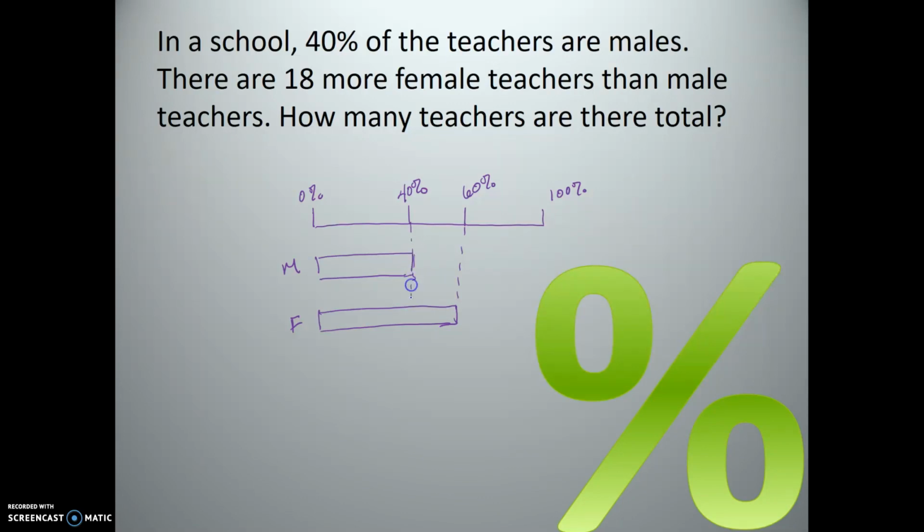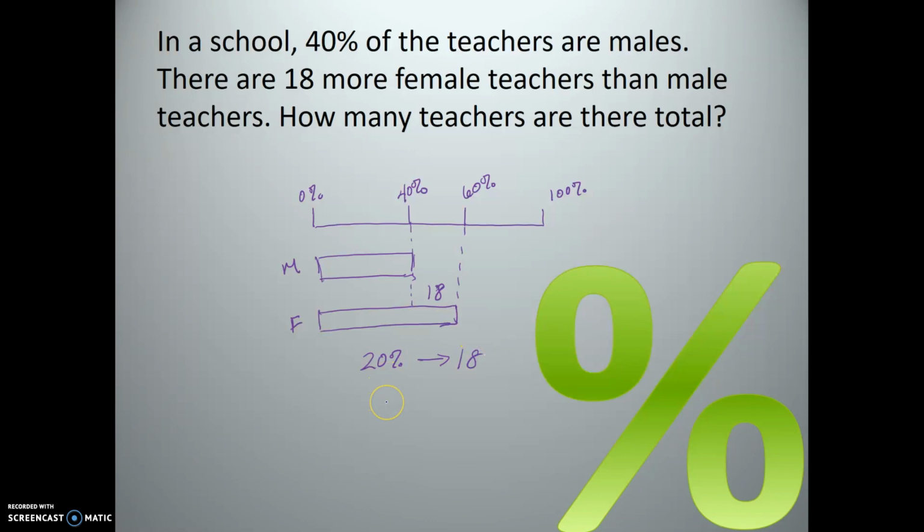Then it says that there are 18 more female teachers than male. What's the difference between the percentage of males and the percentage of females? If females have 60% and males have 40%, the difference is 20%, right? So that 20% is going to equal 18 female teachers.